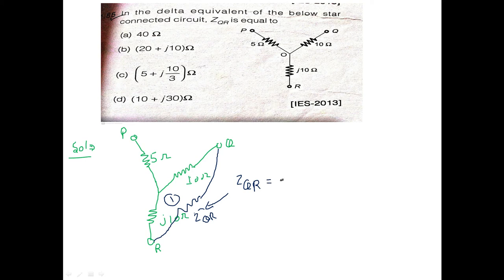So j10 ohm plus this 10 ohm: one term they will add, and at another instant they get multiplied, that is j10 ohm multiplied by this 10 ohm, upon what is being left out, that is this 5 ohm.